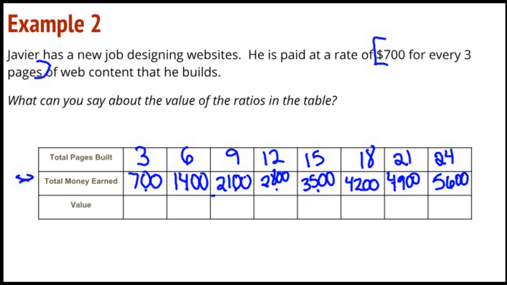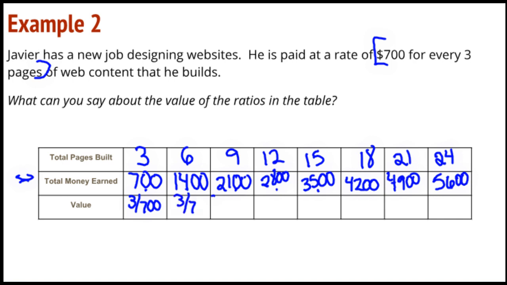All right. Now, the value of the ratios in the table. Well, the value of this first one is 3 to 700. Now, on example 1, I showed you a whole bunch of ways to find the value. So go ahead and try those out, practicing finding value.